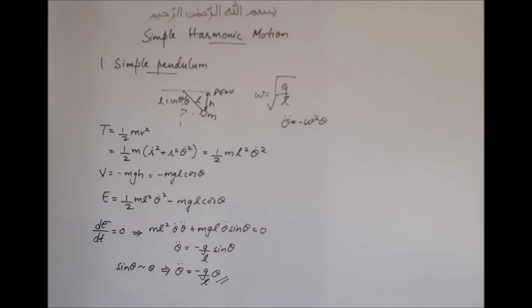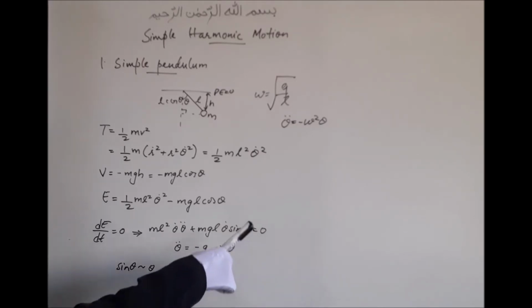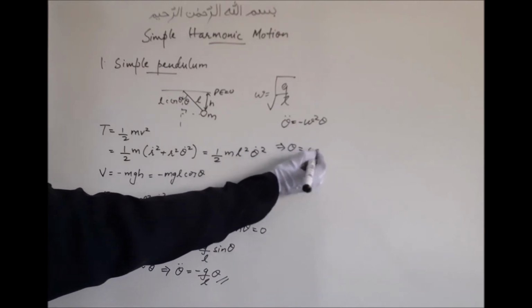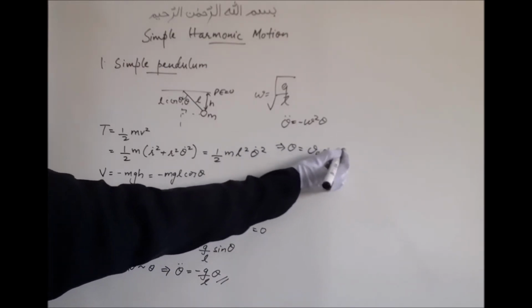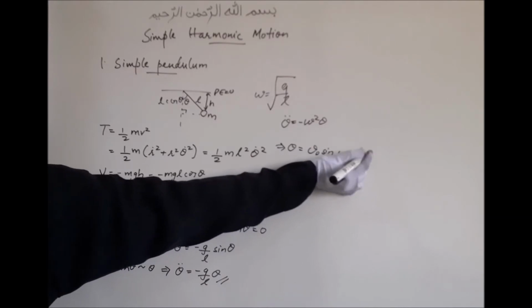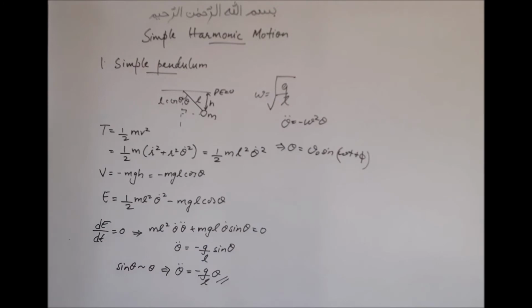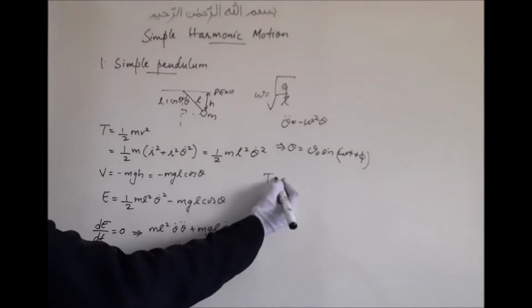So the general solution of this equation can be written as theta is equal to theta naught sine omega t plus phi, where phi is the phase and theta naught is the amplitude. What about the time period? Time period is equal to 2 pi by omega.